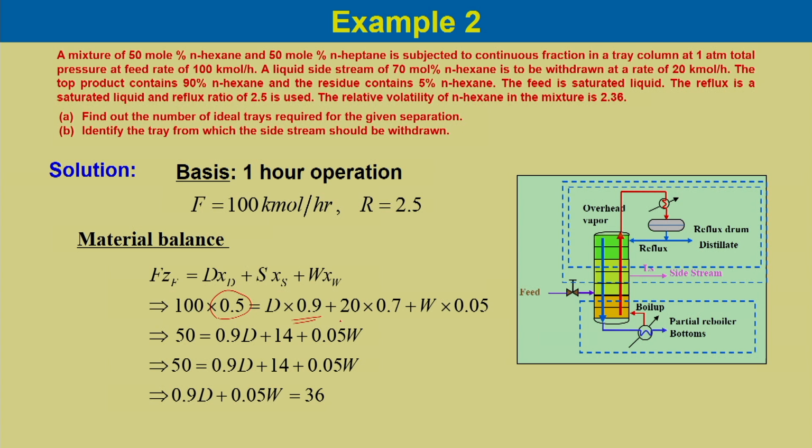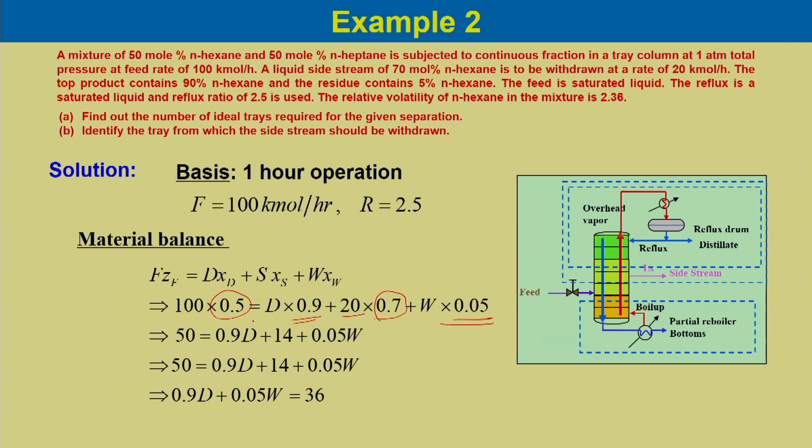that is the distillate, and we have 20 kilomole per hour withdrawal rate for the side stream having 70 mole percent of n-hexane. So, it is 0.7, and your bottoms contains W is 0.05.